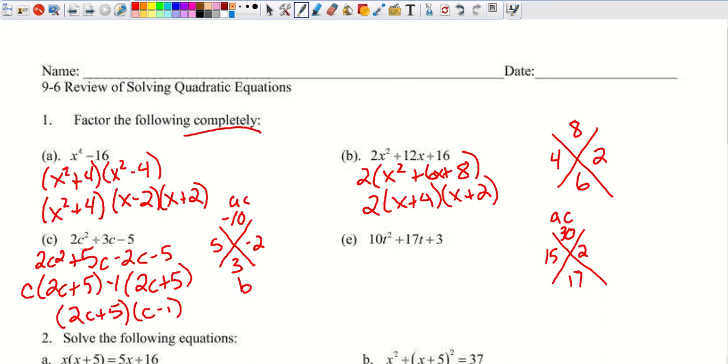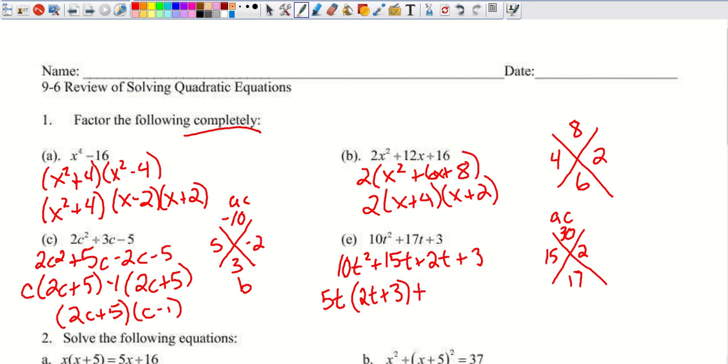So we're going to rewrite our middle term here with 15 and 2. So it's going to be 10t squared plus 15t plus 2t plus 3. All right, and you can see in the first two terms, we have a 5t that's in common, which leaves us with 2t plus 3.